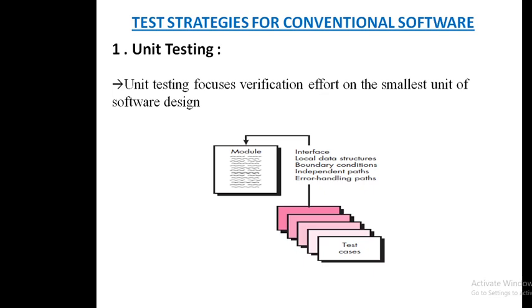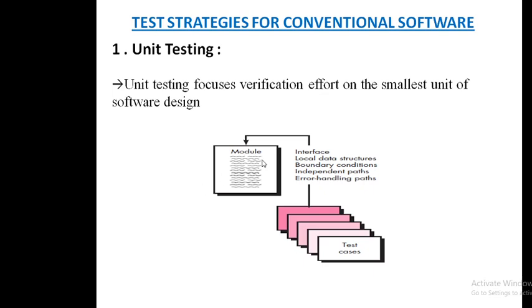If we complete a unit in a total project and test that unit, it comes under unit testing. To explain that, this simple diagram is given here. In our projects, those small units we call modules. Software projects are divided into modules, small units.